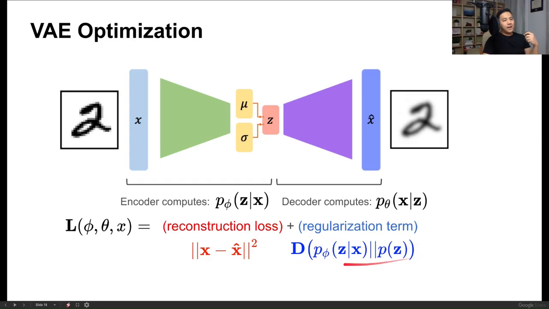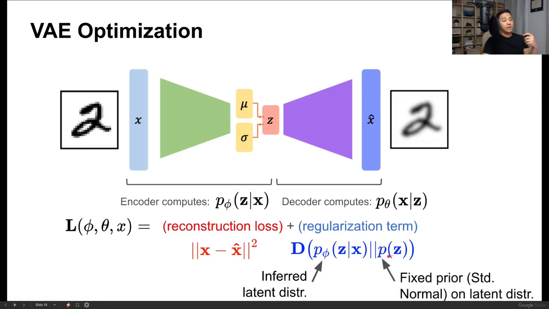This is a calculation of what's called the Kullback-Leibler divergence. This is the difference between two probability distributions, parameterized by phi, which is the encoder. So you want to see how much this one differs from a prior distribution. Typically, this one is set to a standard normal.